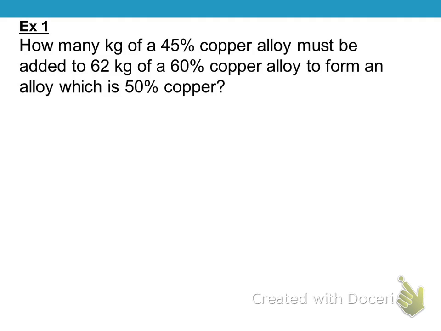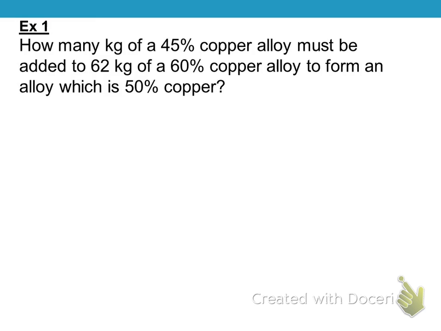How many kilograms of 45% copper alloy must be added to 62 kilograms of 60% copper alloy to form an alloy which is 50% copper? So they're making a mixture. It's like they have two cans of this mixture. One of them is stronger than the other. 60% is higher than 45%, right?